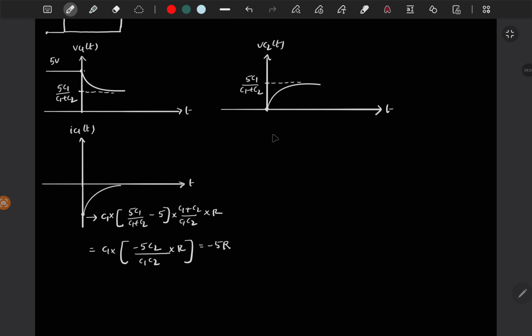And if you want to draw for IC1, sorry, IC2, so IC2 should be positive because it is charging.